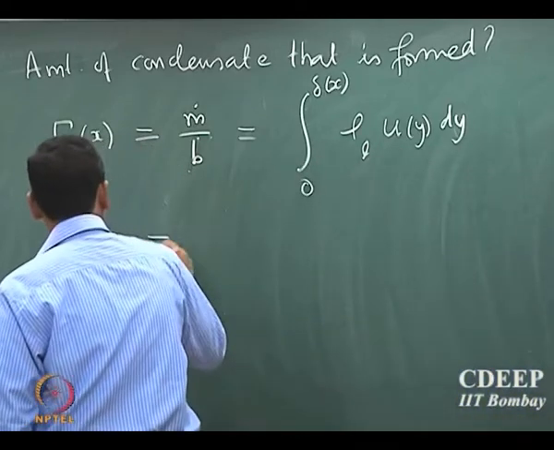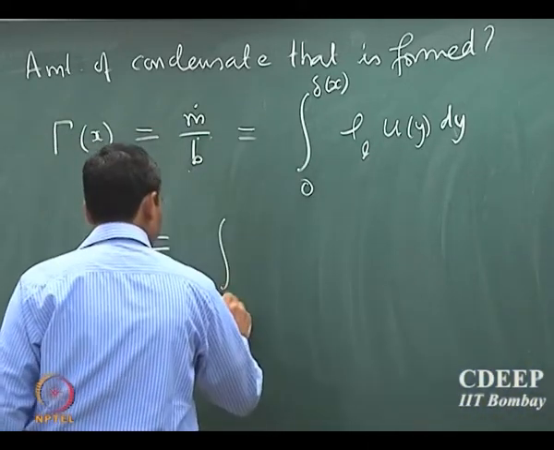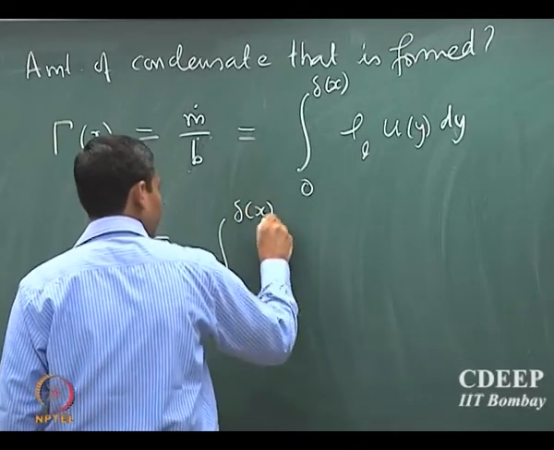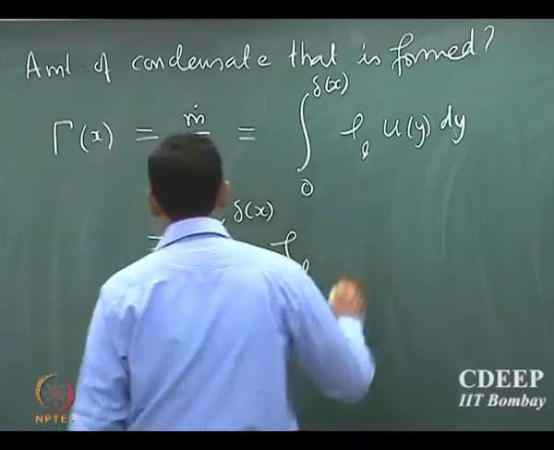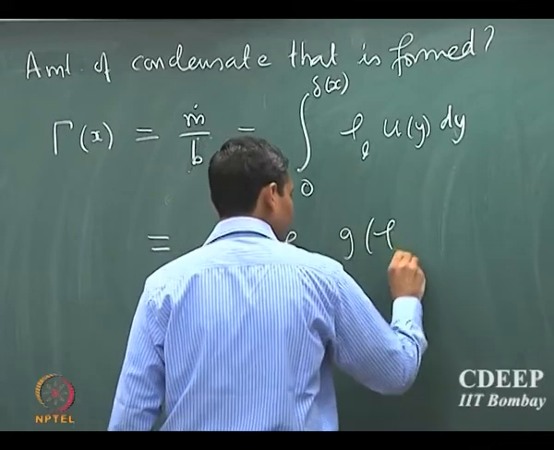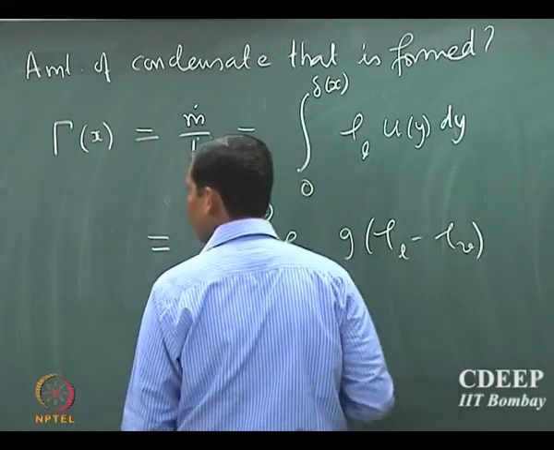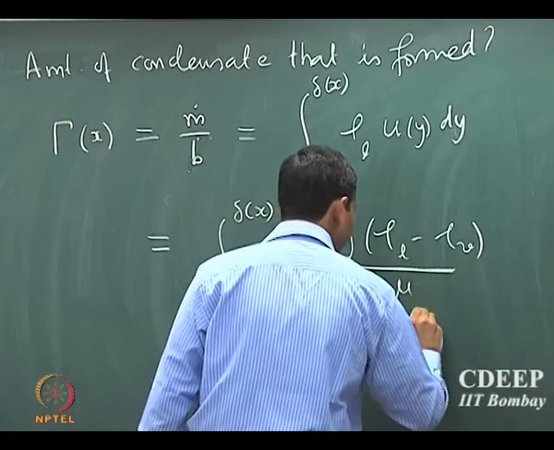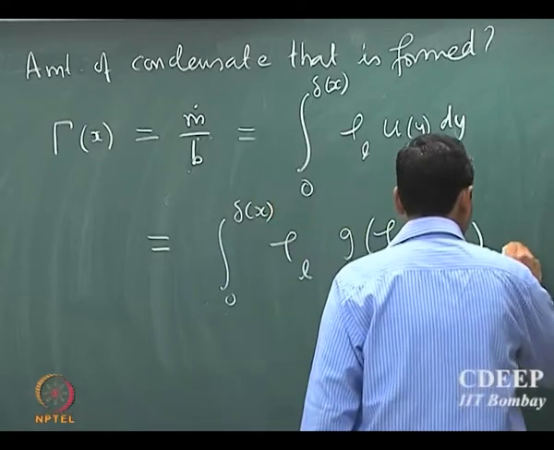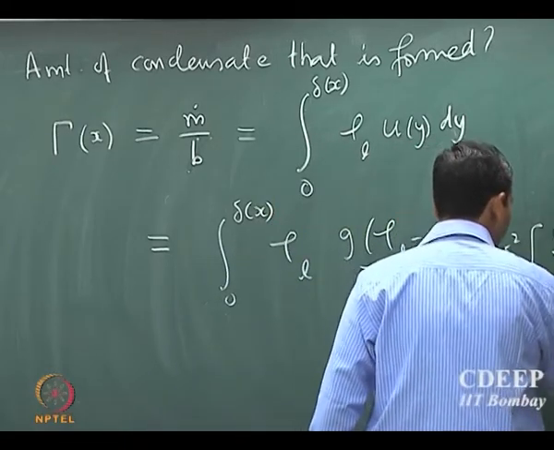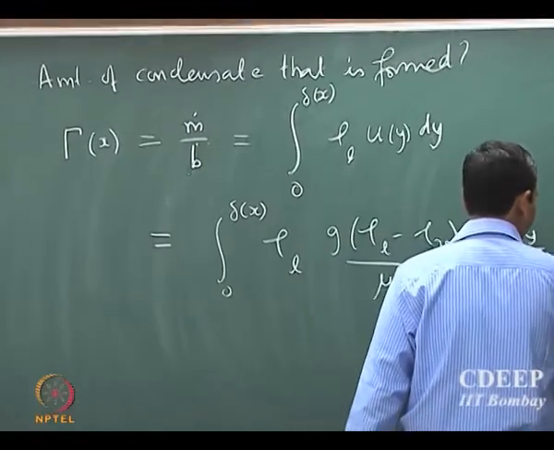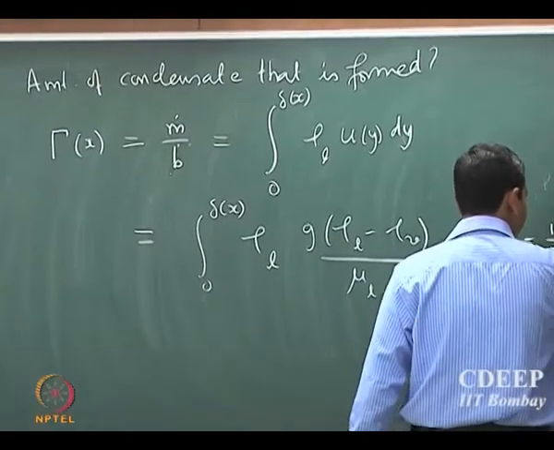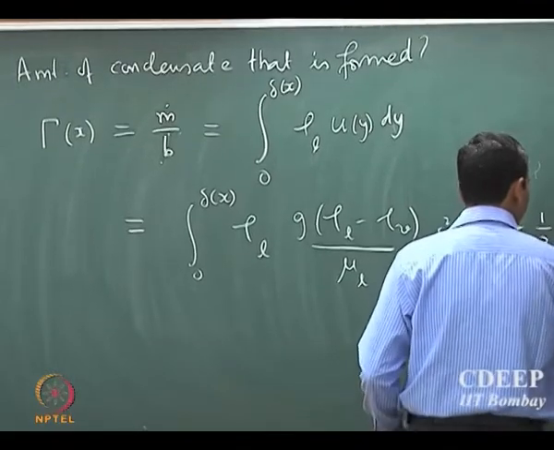So plug in this: the integral from 0 to delta x of rho L into g, rho L minus rho V divided by mu L into delta square, times y by delta minus 1 by 2 y by delta the whole square, into dy.